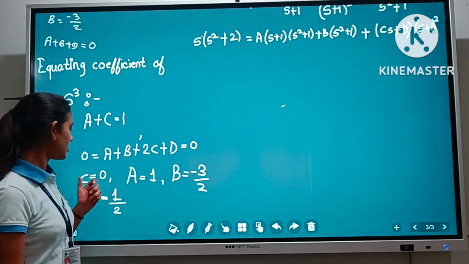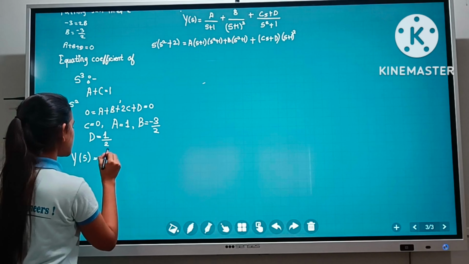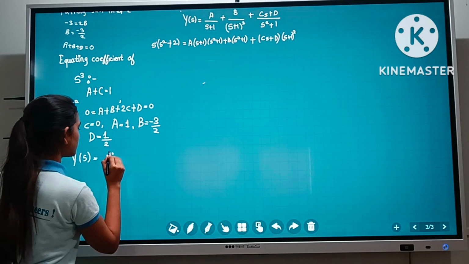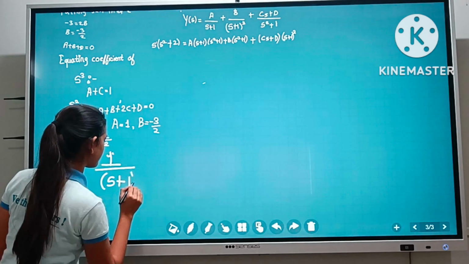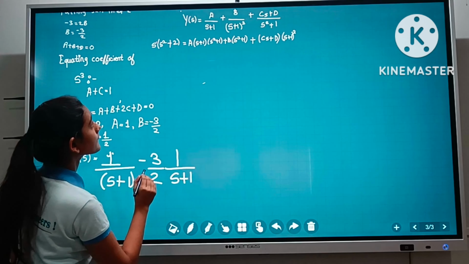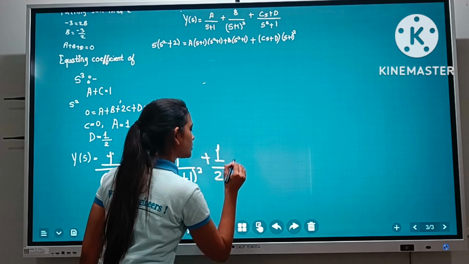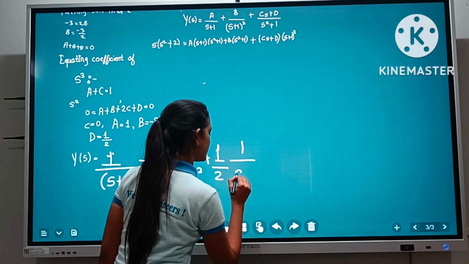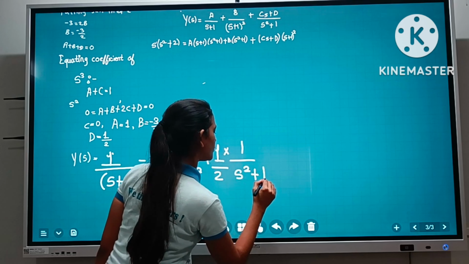Now we substitute the values of a, b, c, d in equation first, so we get Y of s with terms including 1 upon 2 times 1 upon s square plus 1.